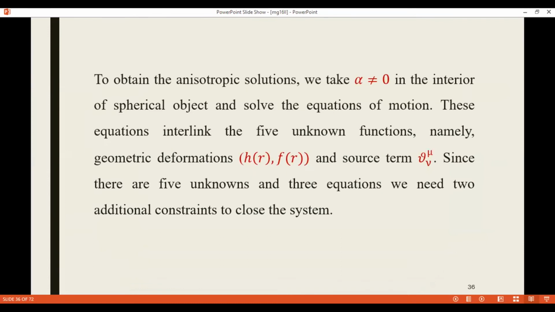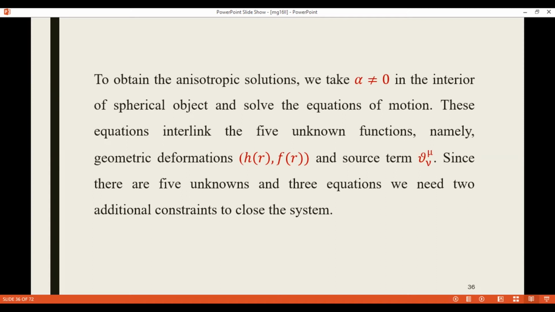Now to obtain the anisotropic solutions, we take alpha non-zero, because when we take alpha 0, we reach the isotropic solution. So we take alpha non-zero in the interior spherical object and solve the equations of motion. These equations interlink the 5 unknown functions, namely geometric deformations H and F, and the source term theta.